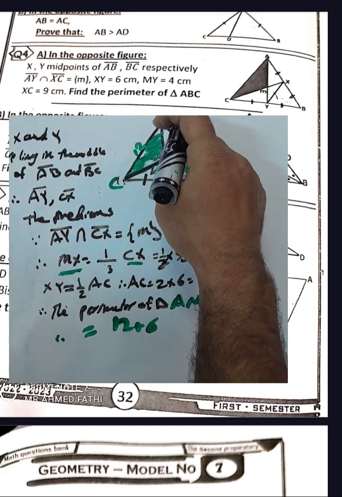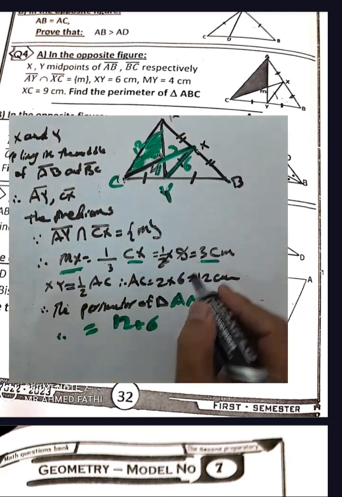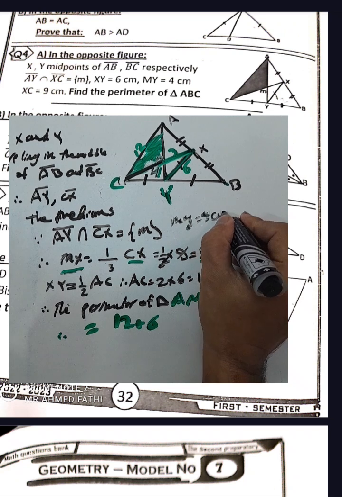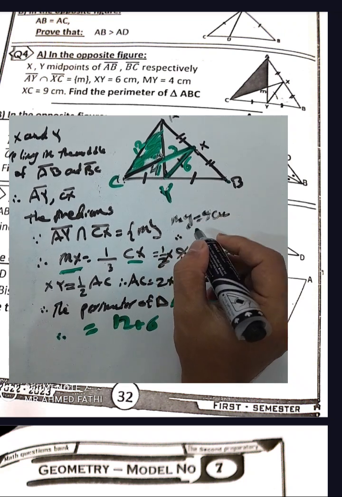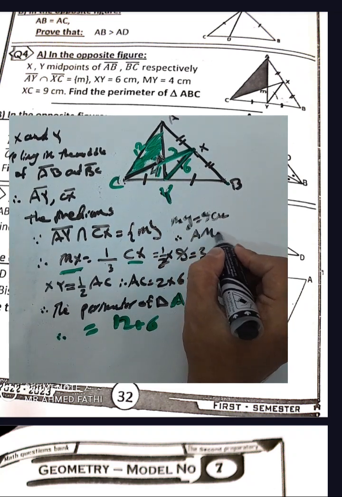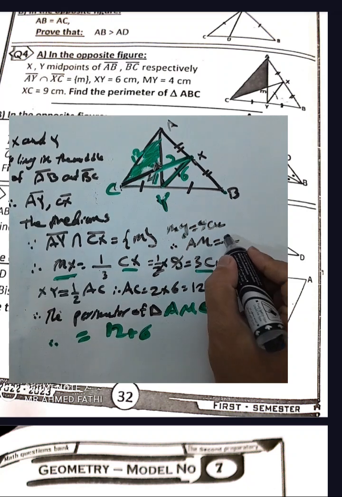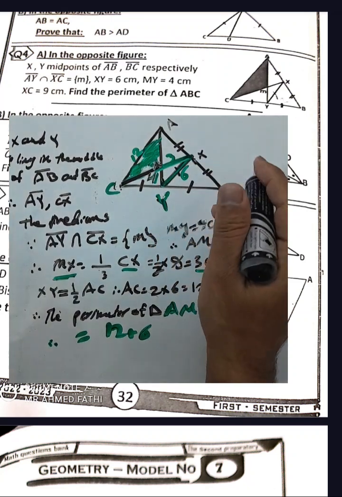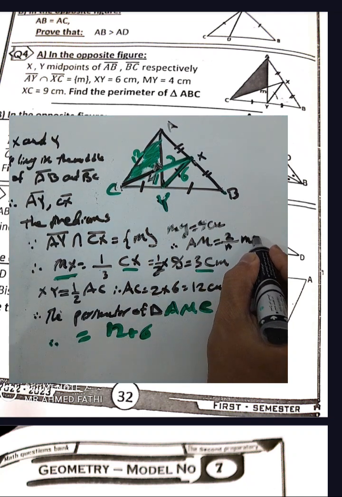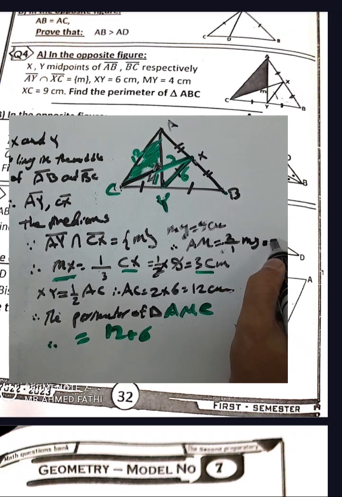He gave us MY equal 4 centimeter. Then AM, we have the ratio between AM here 2 parts and the length of MY 1. Twice of MY, it will be 8 centimeter.